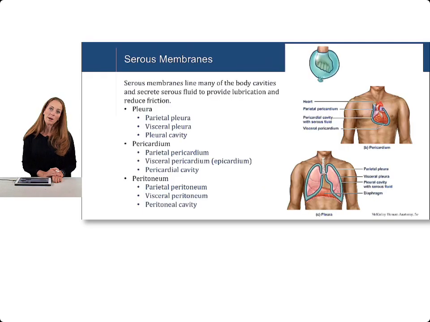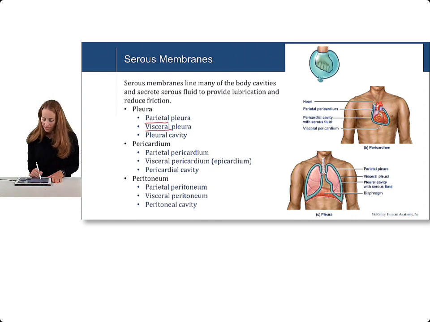The serous membranes are the membranes that are lining the body cavities, and they are named for their location either on the wall of the body or on the organ, and they are named for which cavity they're in specifically. So parietal means on the wall or off to the side. Visceral means on the organ.